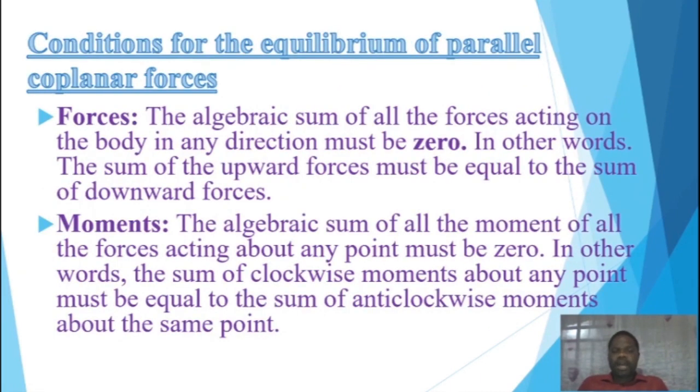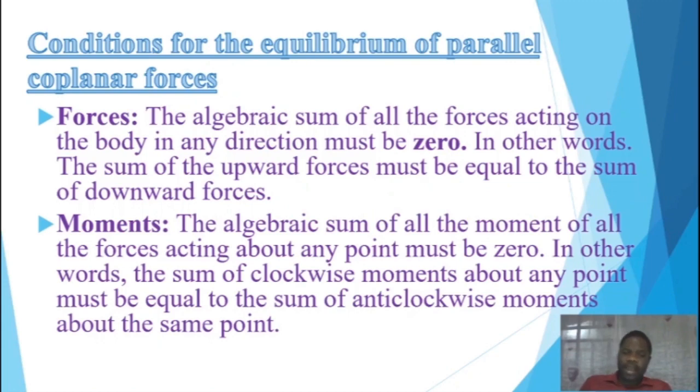Now, let us look at the condition for the equilibrium of parallel coplanar forces. Then look at the forces. We say the algebraic sum of all the forces acting on the body in any direction must be 0.